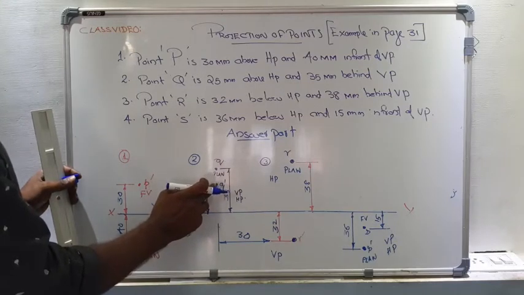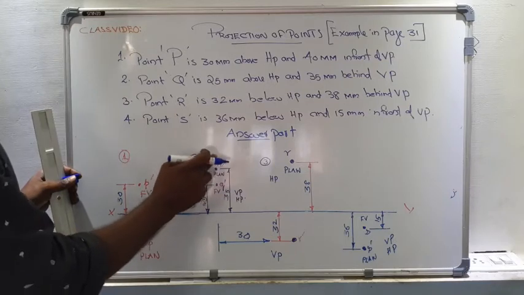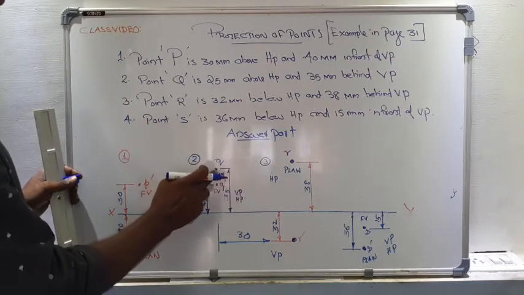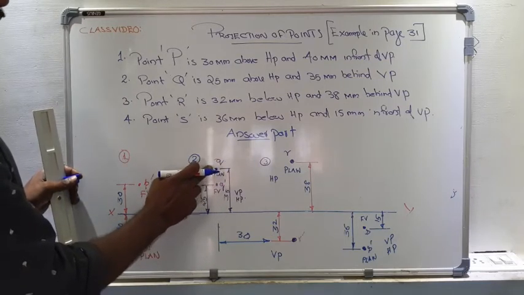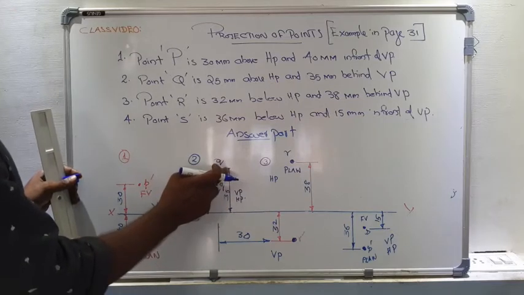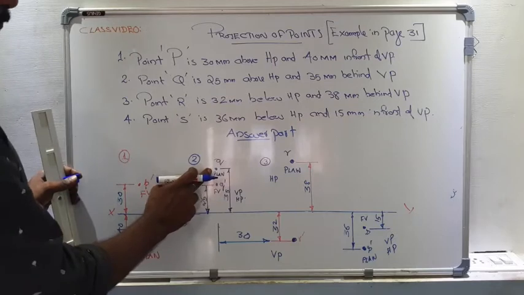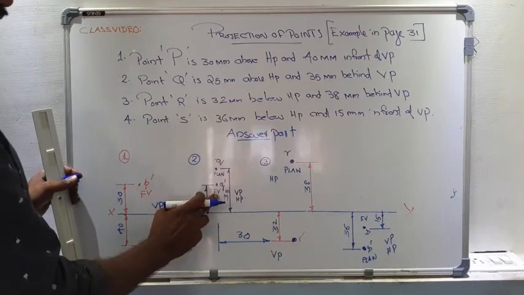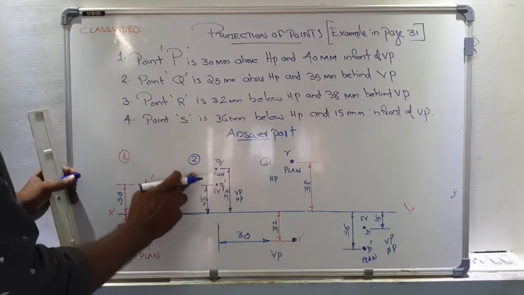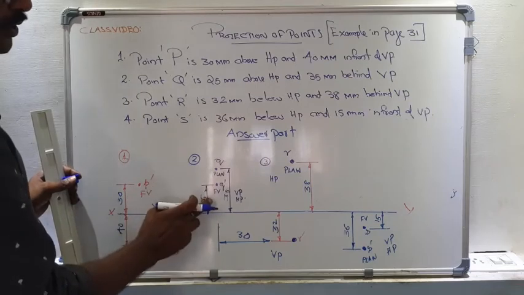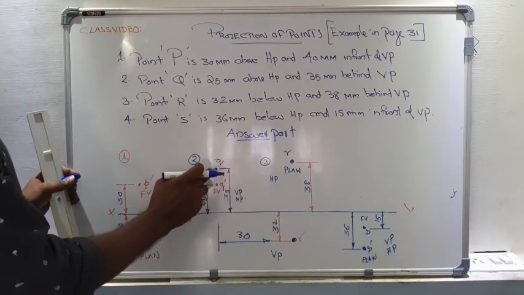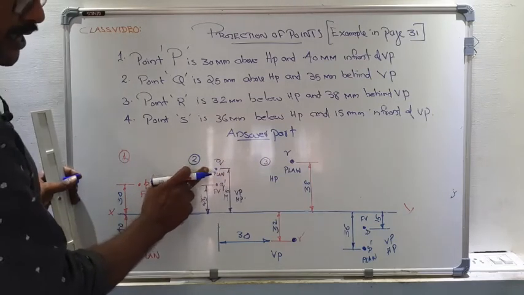Next step, we have to project its plan on HP. Keeping in the same line, put a point here, keeping the distance 35 mm from the XY line. That view is called plan and this is called front view. In the case of second quadrant, both front view and plan come above the XY line.